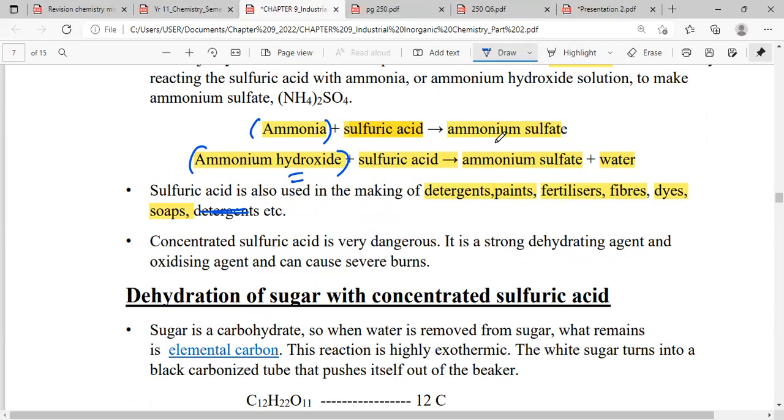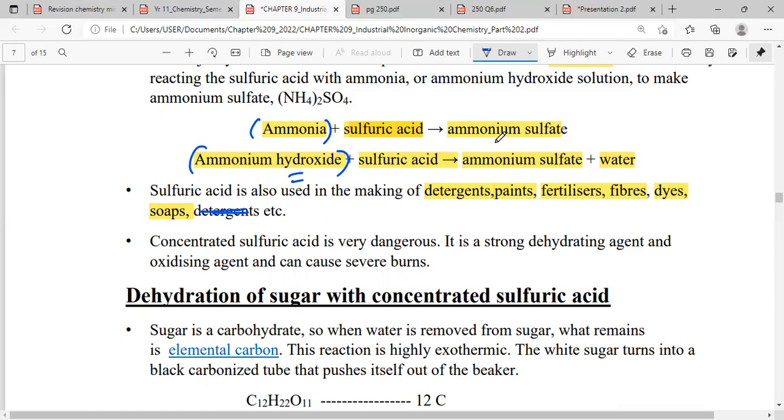Each family uses quite a large amount of detergent for a month. Just imagine the number of households that use these detergents, and most of them are made from sulfuric acid. And then if you look at paints, all of these are household items that are commonly used.